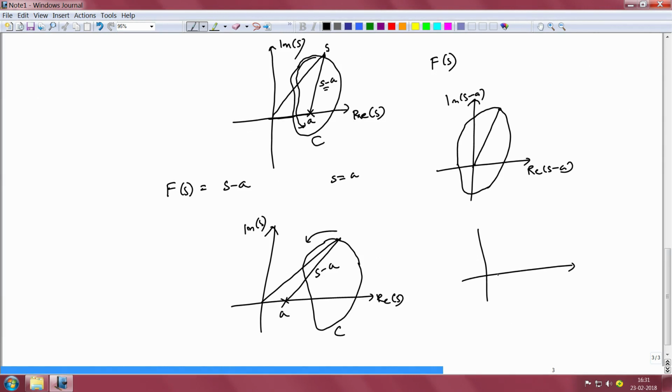So, in other words, it would execute a motion that would trace again a curve similar to C in the plane that plots real part of S minus A versus the imaginary part of S minus A, but in this case it will not encircle the origin. In other words, the net change in phase of the complex number S minus A will be equal to 0 in this case.